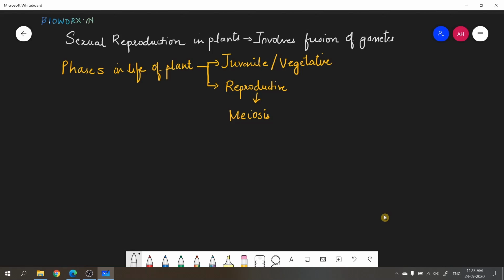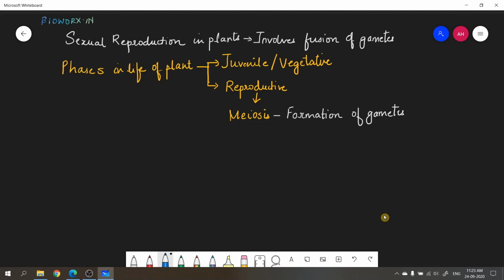Meiosis is the process which leads to the formation of gametes. Meiosis is a very important process because it leads to the formation of gametes. These gametes are haploid. Please remember that.